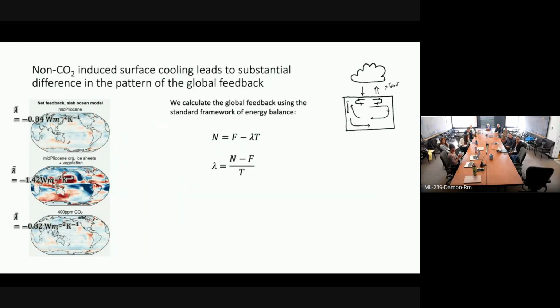Okay, so from here, we're going to just calculate our global feedbacks. Vince did a nice job explaining how we can do that using the standard framework for energy balance. Here we find in our slab ocean model that we get a significantly more negative global feedback associated with our boundary conditions.